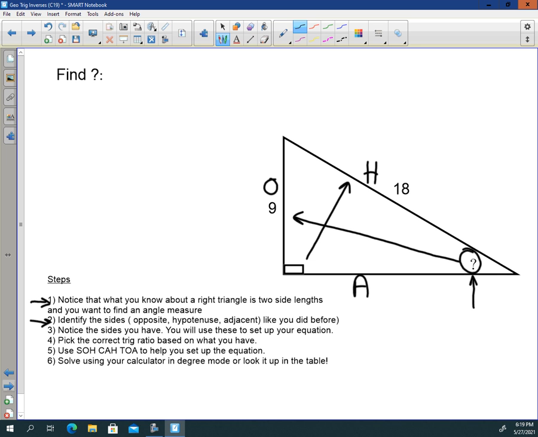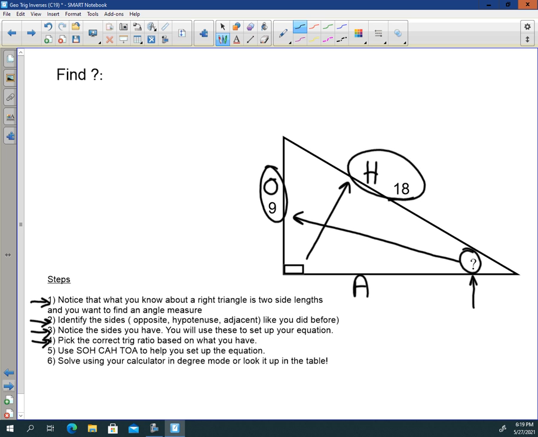Now, before it was notice what you have and what you want, but now we're just going to notice the sides that we have. We have the O, and we have the H. We don't care about the adjacent side in this particular problem because we don't have any information on it. Now, we're going to pick the correct trig ratio based on what we have.